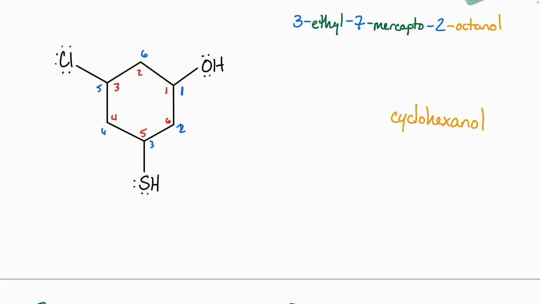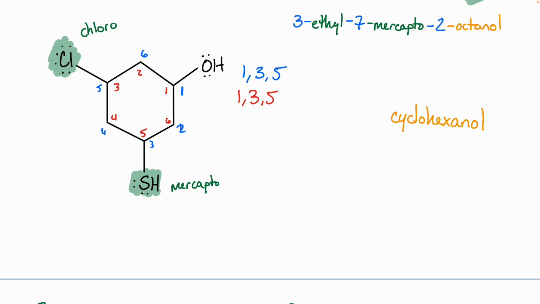So instead, if I look at these 2 numbering schemes, I have a 1, a 3, a 5, and a 1, a 3, a 5. I have a tie in my numbering. And how do we break our ties? Alphabetical order. So this here is a chloro group. This here is no longer special. It is just a mercapto substituent.